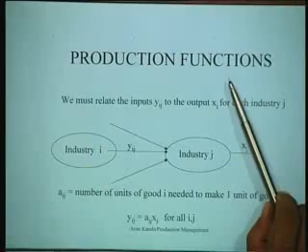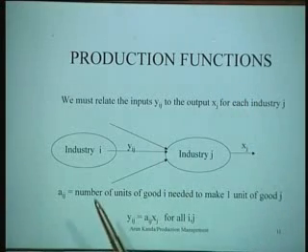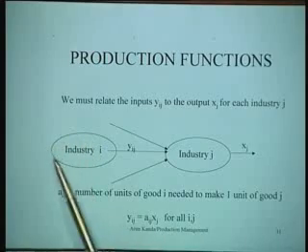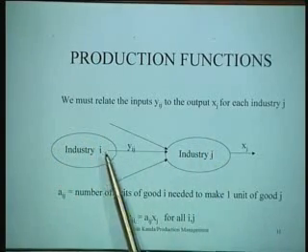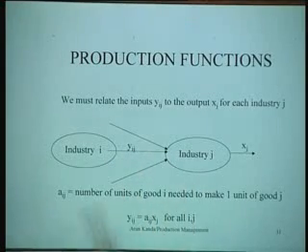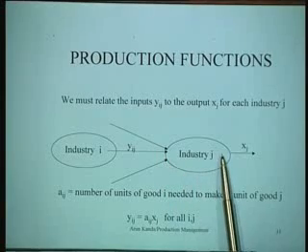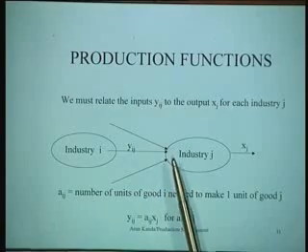Then the approach that Leontief took was that he developed what are called production functions. Now what is a production function? If this is industry I and this is industry J, and industry I is supplying a quantity Yij to industry J, and industry J is producing a quantity Xj, let us say, what does it mean?